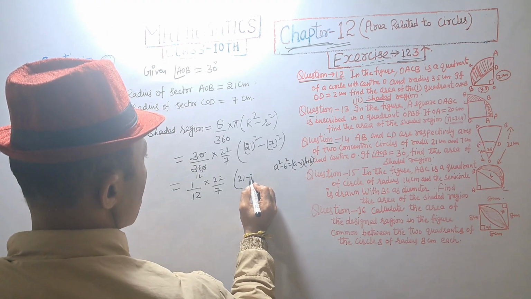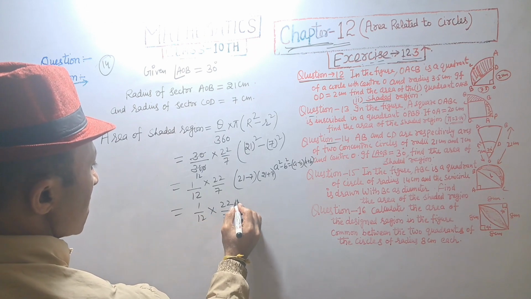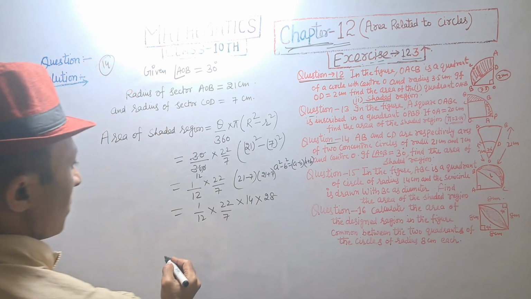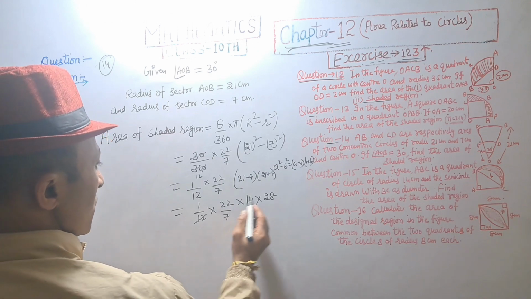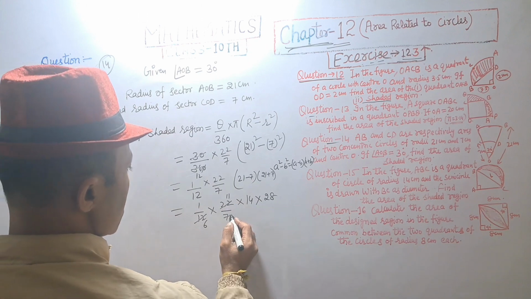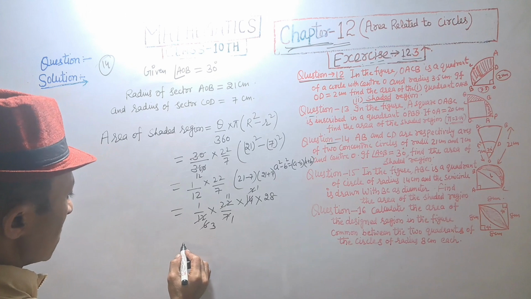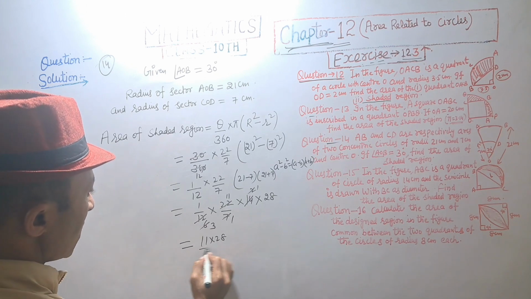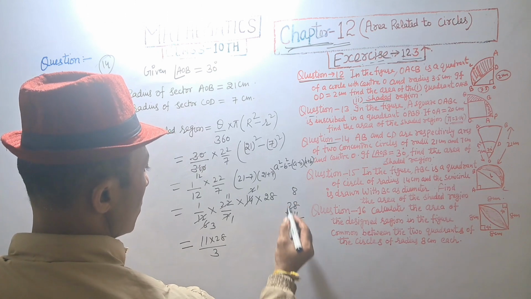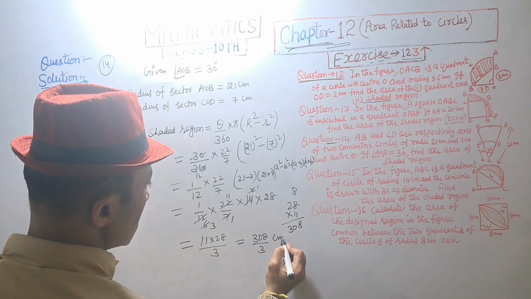21 minus 7 into 21 plus 7, that is equal to 1 upon 12 into 22 upon 7 into 21 minus 7, that is equal to 14, and 21 plus 7 that is equal to 28. 6 2s are 12, 11 2s are 22, 7 1s are 7, 7 2s are 14, 2 1s are 2, 2 3s are 6, that is equal to 11 multiplied by 28 divided by 3. 11 8s are 88, 8 carry, 11 2s are 22 plus 8 is equal to 30, that is equal to 308 upon 3 centimeter square.